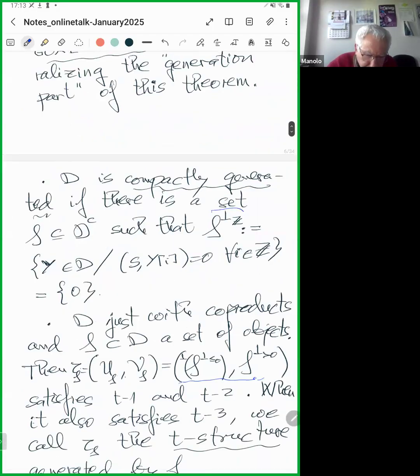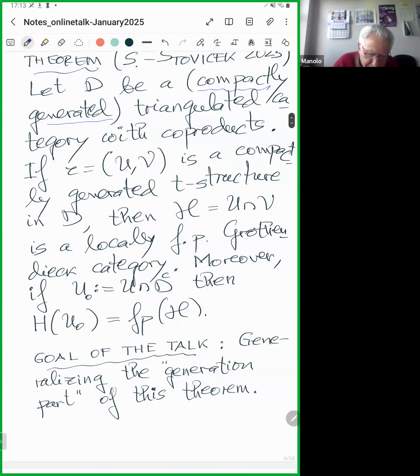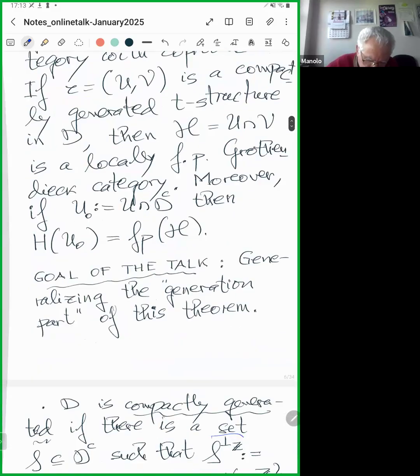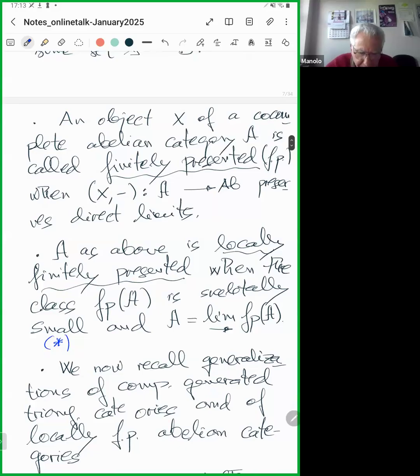So far, I have introduced the terminology concerning the triangulated world in this theorem, and you also have the abelian part corresponding to the heart. An object of a cocomplete abelian category is called finitely presented when the corresponding covariant Hom functor preserves direct limits.